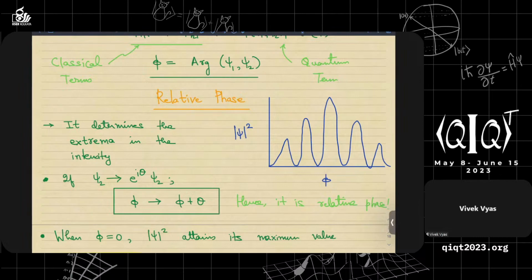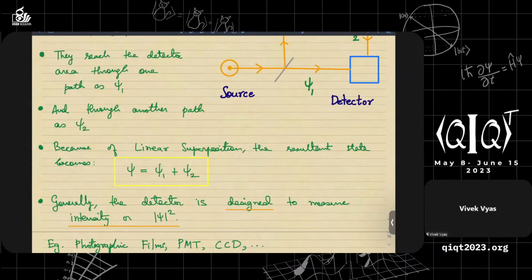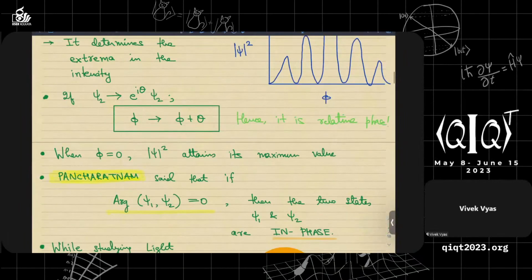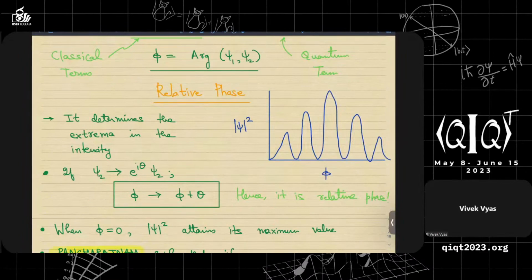But when you are in a superposition, and you put a factor here, then it is no longer the same state. In other words, if you put an exponential factor here, your relative phase will change by an amount theta. Hence, it is actually measuring the relative phase change between psi 1 and psi 2. So that is the origin of the word relative.